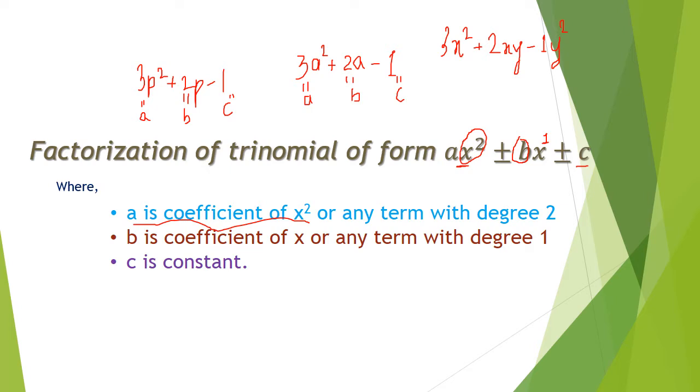You can just assume that the question is asked as ax square plus bxy plus cy square. You can easily find the value of a, b, and c. A will be 3, b will be 2, and c will be minus 1. You can assume like this also.